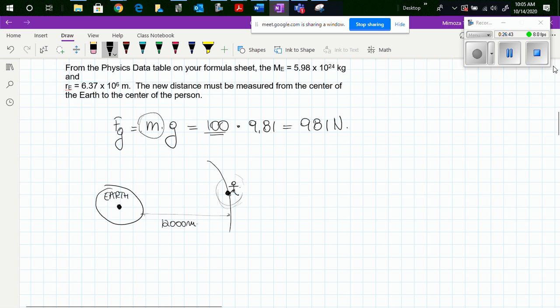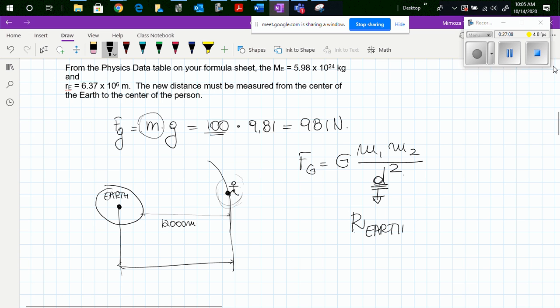However, in order to calculate the d for our formula, force of gravity equals the universal constant times m1 m2 over d squared, this d takes into consideration the radius of the Earth and the distance from the surface to the person.